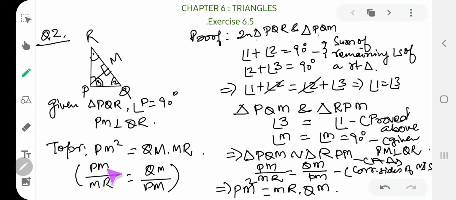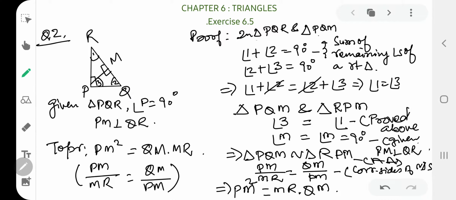Now see the numerator, PM and QM. Check the triangle of which these two sides are the part. PM and QM. So this will help you to get one triangle. PMQ. You have to prove triangle PMQ.